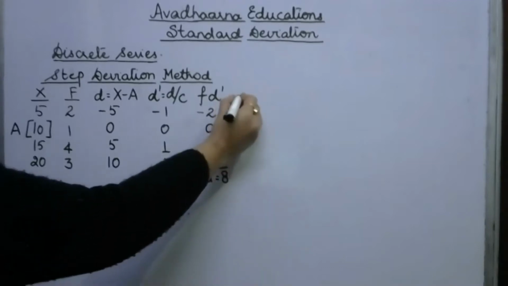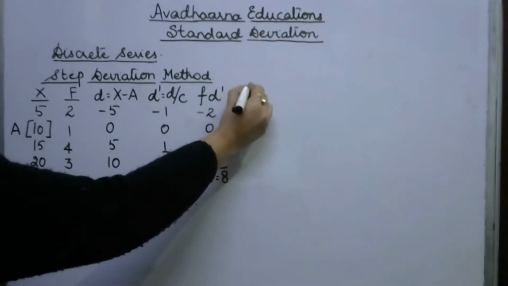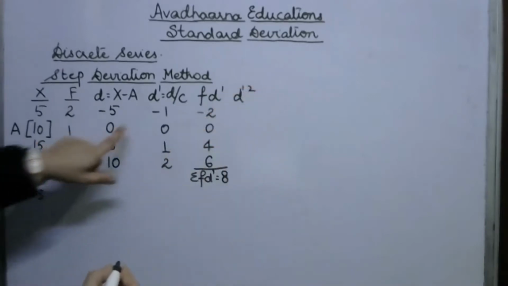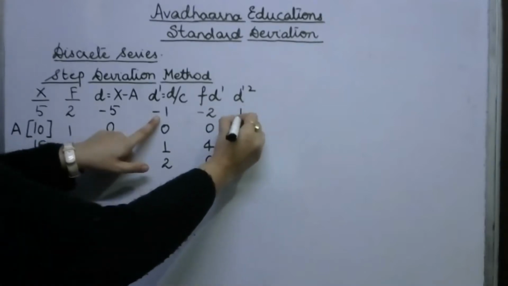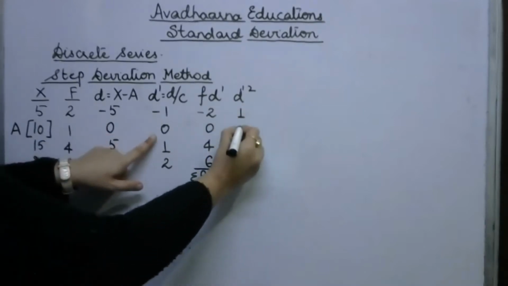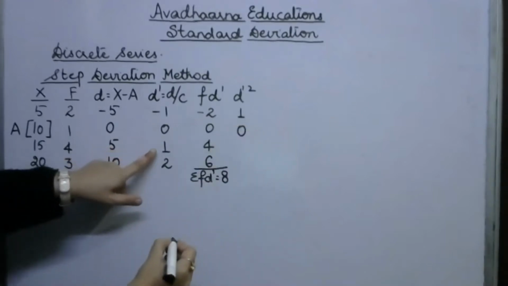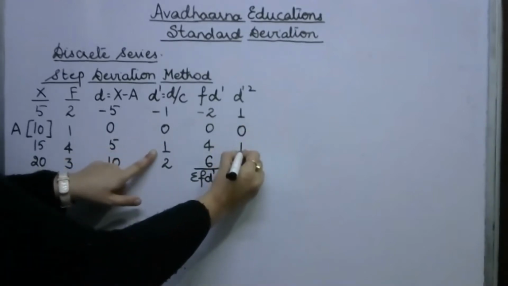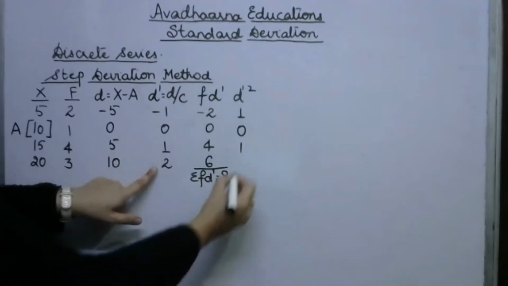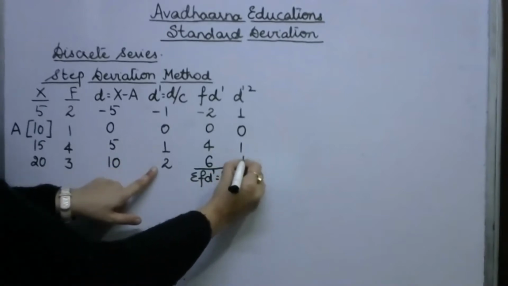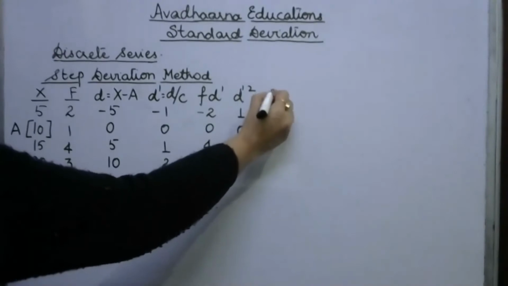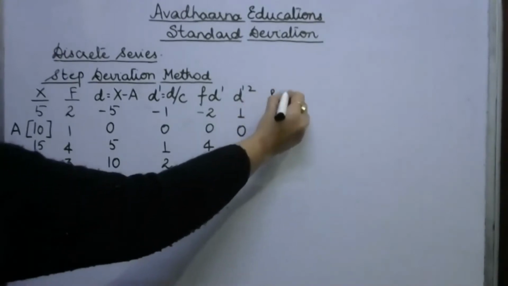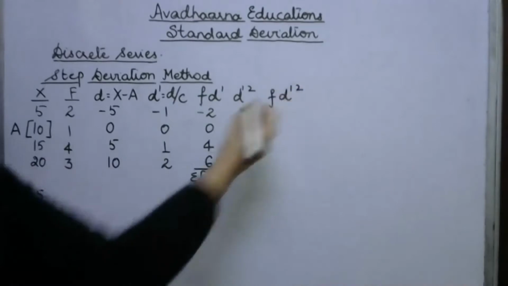Now let's calculate the deviation square, d dash square. It is minus 1 square is 1, 0 square is 0, 1 square is 1, and 2 square is 4. Now let's multiply the respective frequencies by the deviation square.